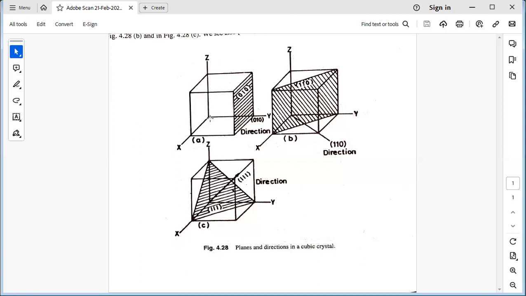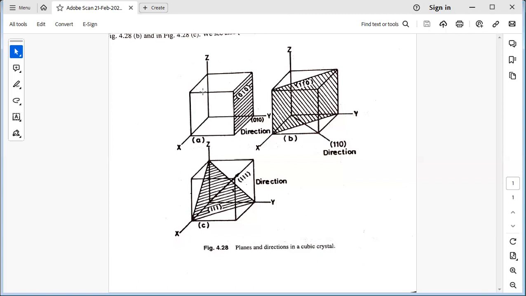To this corner of the unit cell, I will fix the 3 dimensional coordinate axes. You can take this as the origin, and this is the x-axis, this is the y-axis, and this is the z-axis.